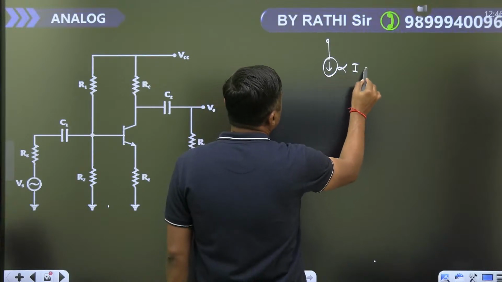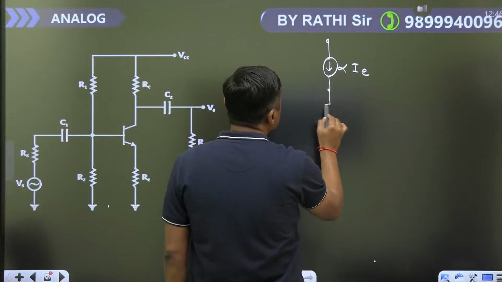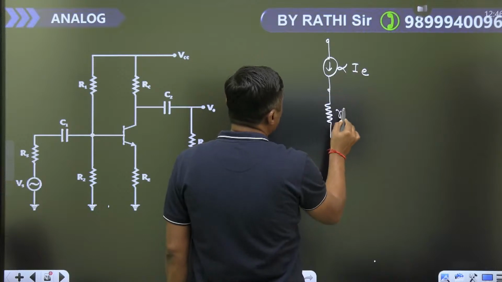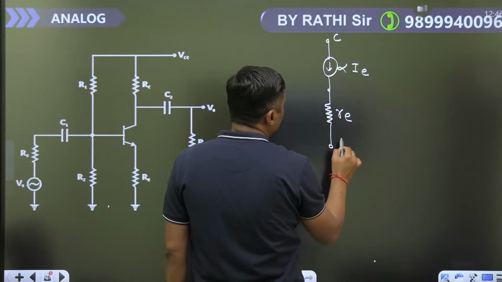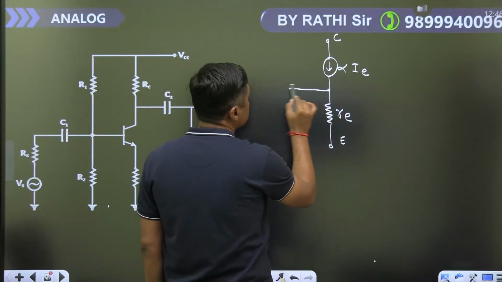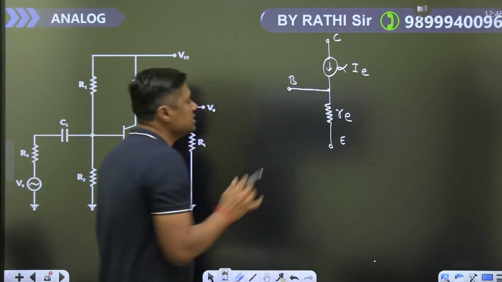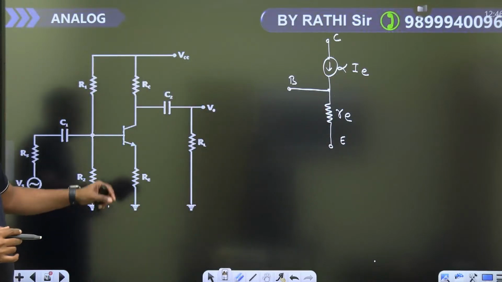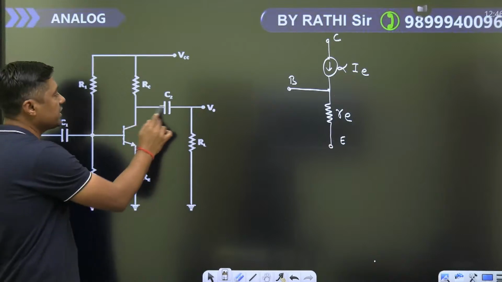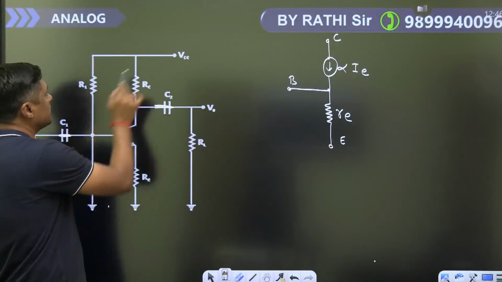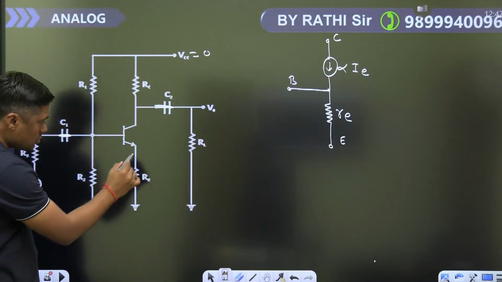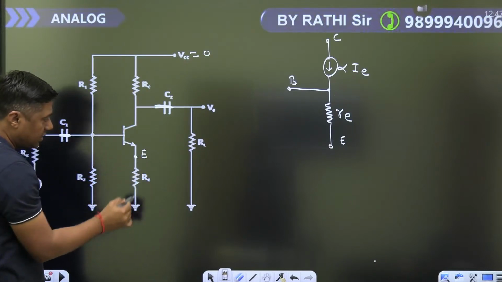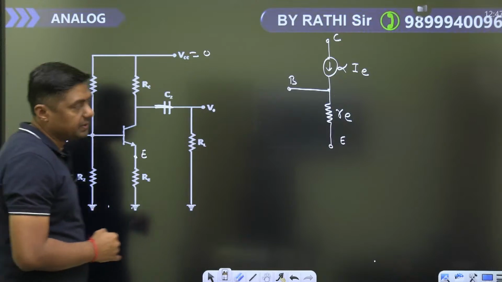Alpha I, small re, emitter, this is base. This is the model. The transistor is replaced by its internal model. Now this capacitor will act as a short circuit, this is 0. Now guys, the emitter is not connected to ground. Between emitter and ground we have capital RE.